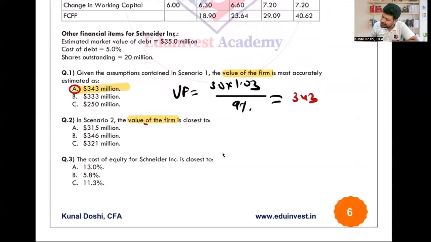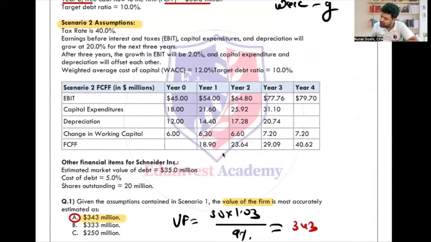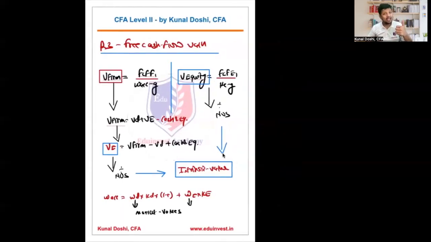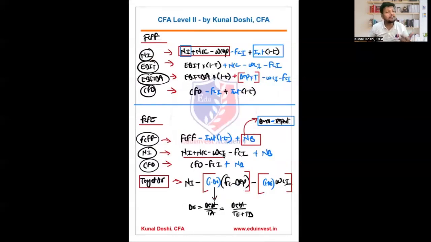Next, value of the firm in the second scenario. Now, in the second scenario, we have multi-stage information. So in the second scenario, we have tax rate. We have been provided with EBIT. Got it? See, free cash flow, we have discussed that you can derive from multiple angles: from net income, from EBIT, from EBITDA, as well as from operating cash flow, correct?